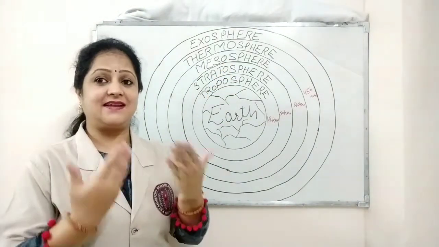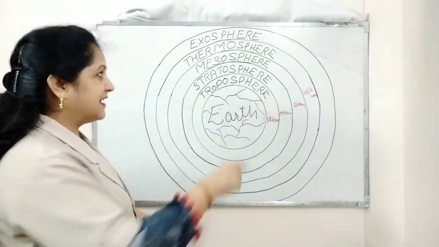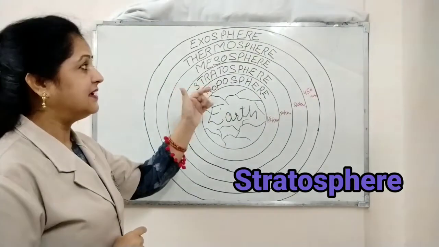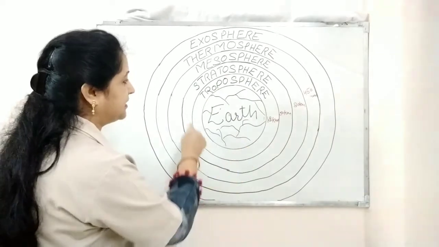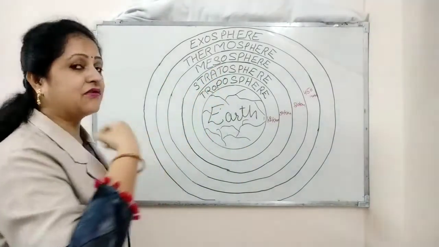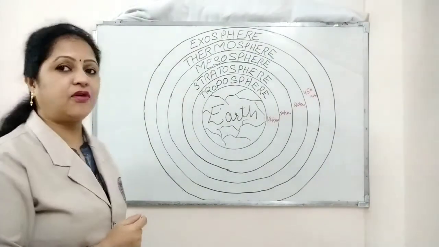The next layer just above the troposphere is stratosphere. Here we can see this narrow zone that separates troposphere from stratosphere, and as I told you just now, we call it tropopause.